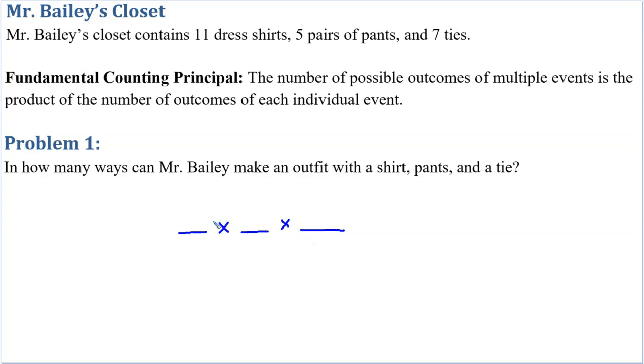How many ways can we do that? There's 11 shirts, so that'll be 11 times 5 pairs of pants, times 7 ties. Just multiply those through. When I do that, I end up with 385. So with that modest wardrobe, we end up with 385 different outfits, again assuming everything looks equally as good together.